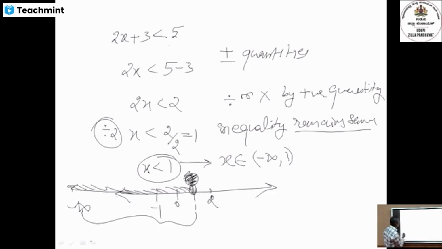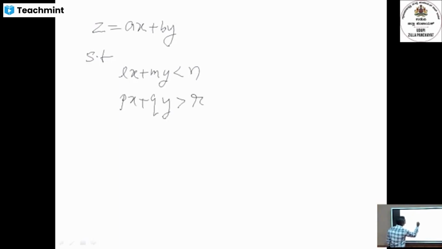In LPP, we have two variables. So usually you will have a function z is equal to ax plus by, subjected to constraints, some relationships like lx plus my less than n, px plus qy greater than r, etc., and some non-negative conditions. This usually represents the LPP.